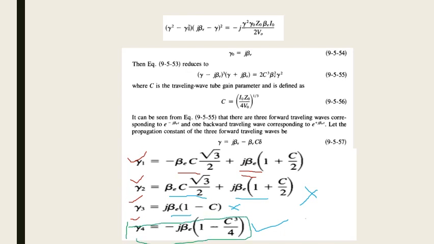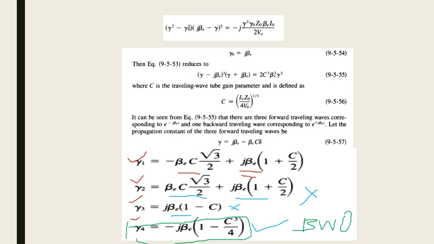What is BWO? BWO means backward wave oscillator. Whenever it works in gamma 4 mode, it works as a backward wave oscillator. If your TWTA has to behave as a backward wave oscillator, the attenuators which were shown have to be removed.